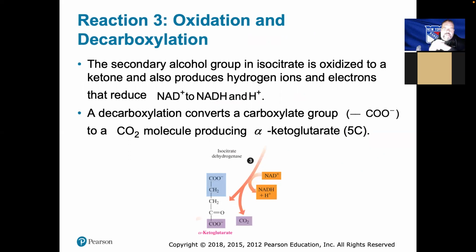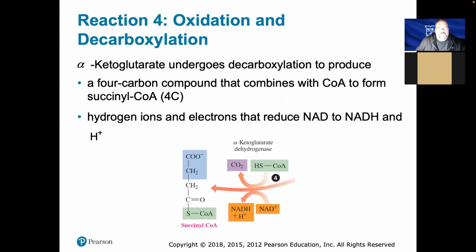Reaction 3, oxidation and decarboxylation. The secondary alcohol group in isocitrate is oxidized to a ketone and also produces hydrogen ions and electrons that reduce NAD+ to NADH and H+. A decarboxylation converts a carboxylate group to a CO2 molecule, producing alpha ketoglutarate, which has 5 carbons.